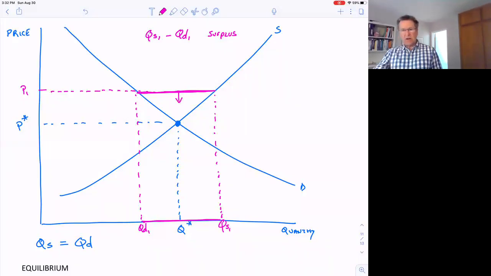And as prices start to fall, there's a movement along the supply curve, not a shift in the supply curve, but a movement along the supply curve down. And there's a movement along the demand curve down. As the prices fall, fewer sellers want to sell as much. As the price falls, buyers increase the quantity that they want to buy. And we can continue that story all the way down until we get to equilibrium. And then there's no more pressure for prices to fall.